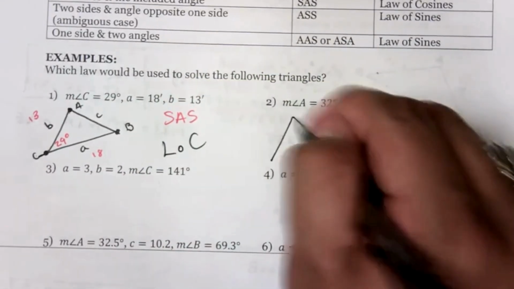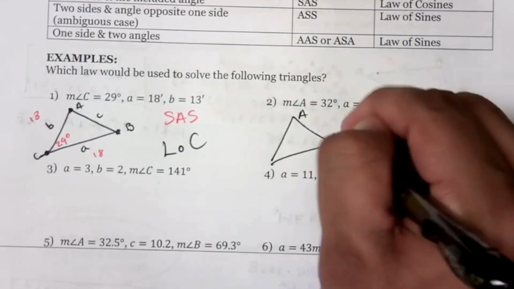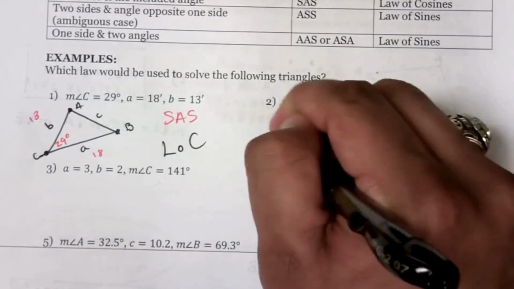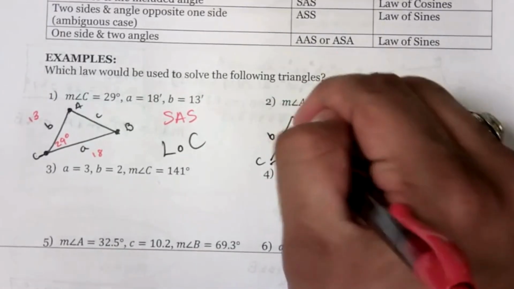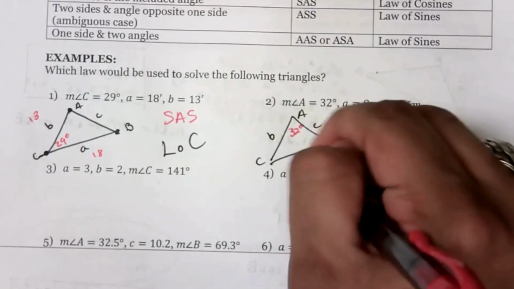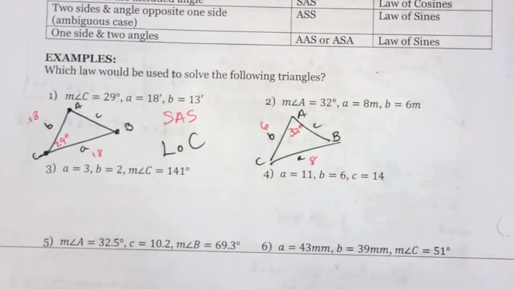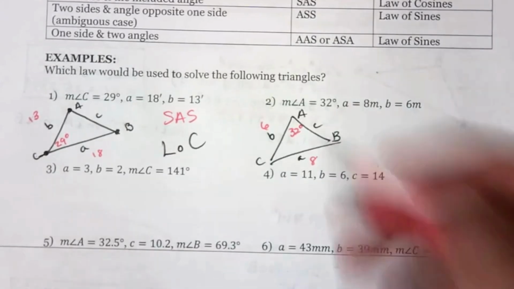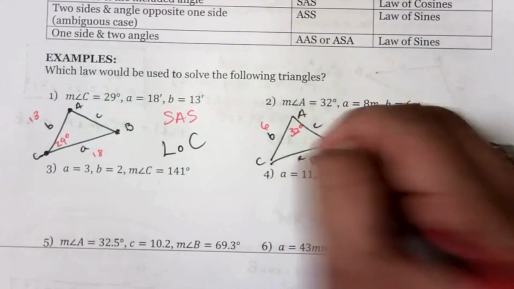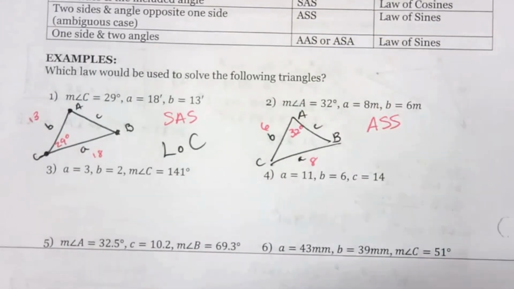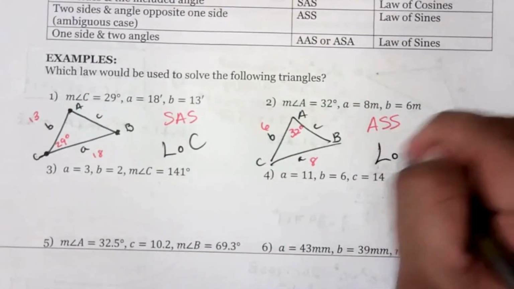So let's draw another triangle, A, B, C. We're given 32. We're given that this is 8, and this is 6. Well, if you look at this, this is angle side side. So that means we have to use law of sines.